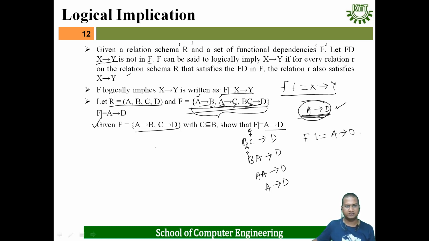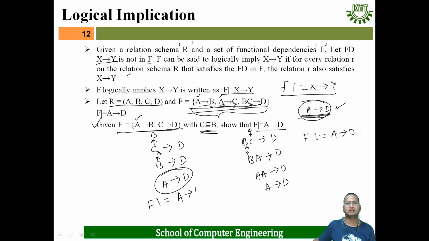Suppose C is determining D and it is given that C is a subset of B. That means we can replace C by B, then we can say B determining D. Then B can be replaced by A, so I can say A determining D. That means if the functional dependency set is there and this condition is given, then we can say that F logically implies A determining D. This is logical implication.